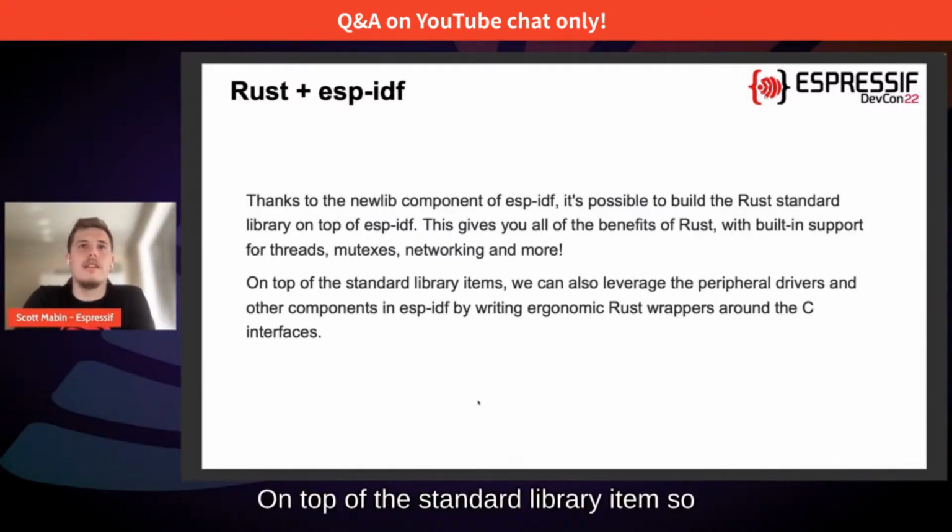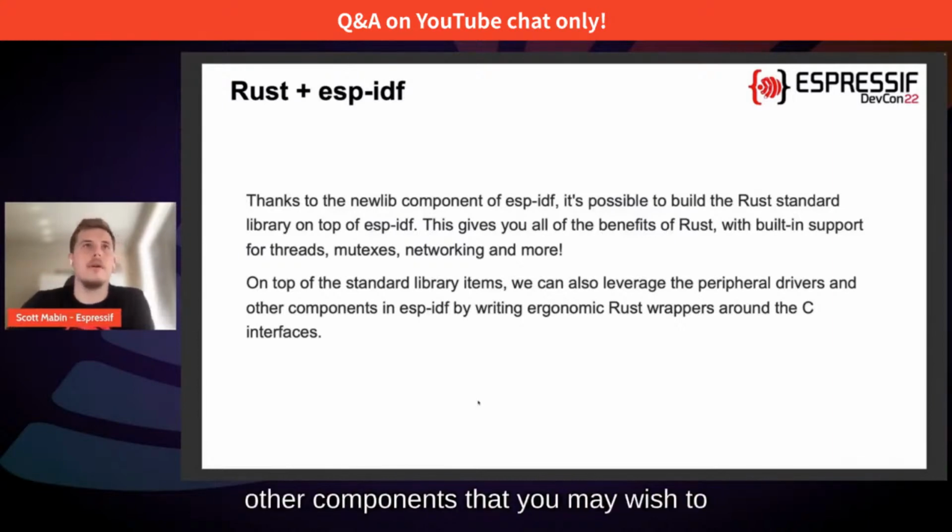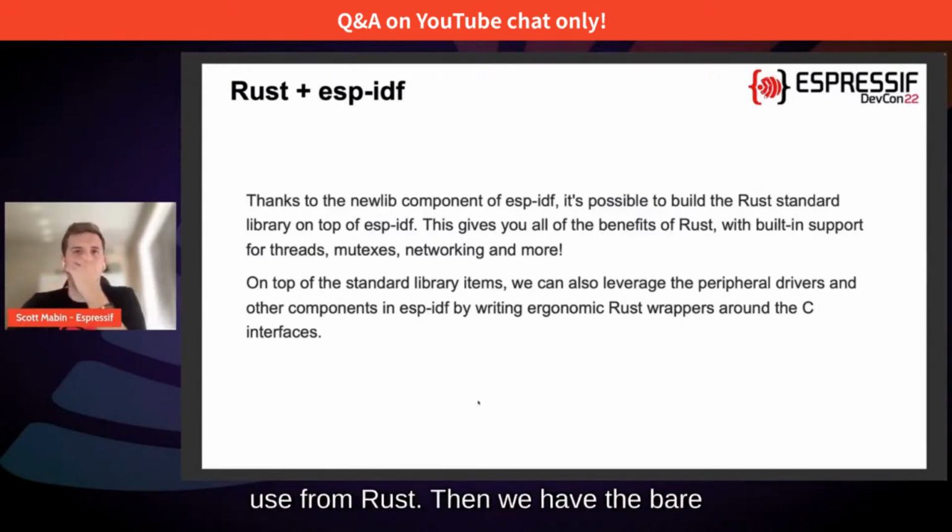On top of the standard library items, though, we can also leverage the peripheral drivers and other components that exist in ESP-IDF. So by writing Rust wrappers around the raw C interfaces, we can essentially call into ESP-IDF and drive peripherals or certain other components that you may wish to use from Rust.